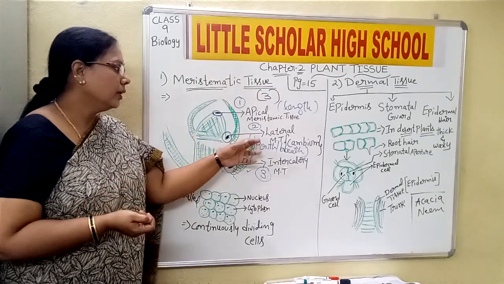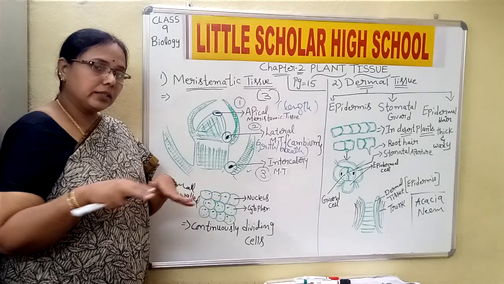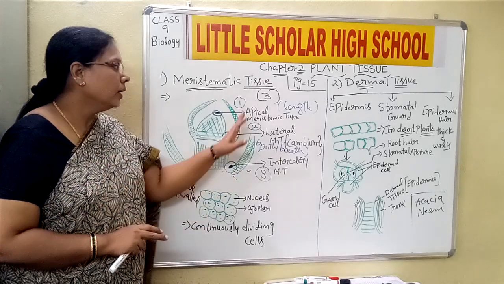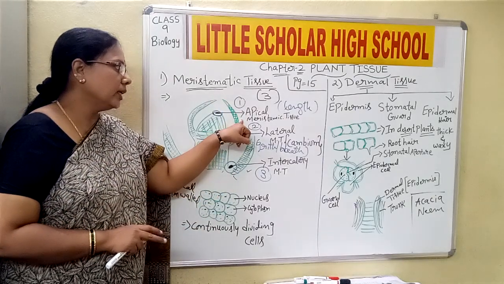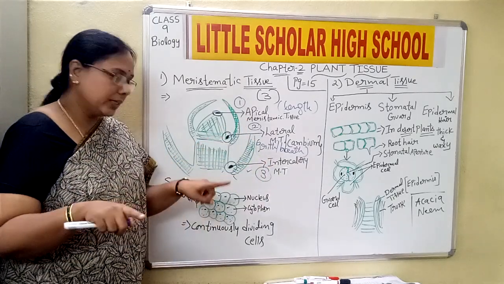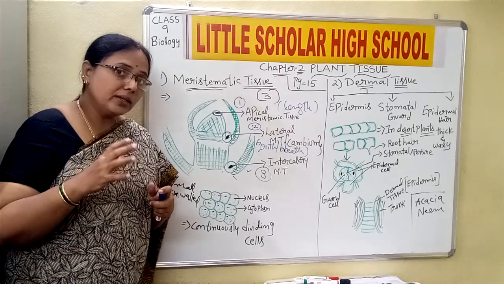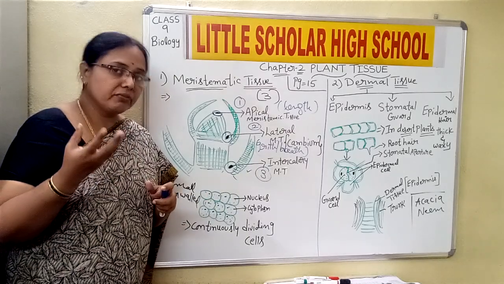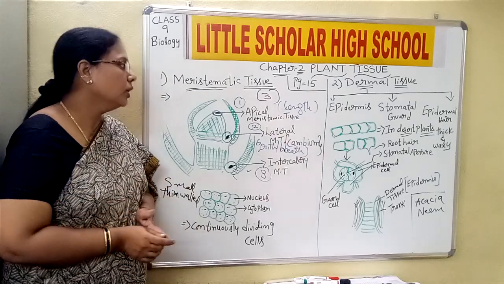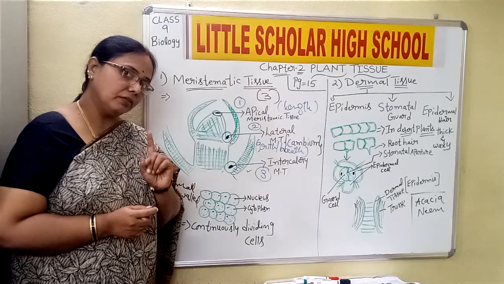Apical means tip, lateral means sides, intercalary means in between the cells of the other tissue. So the first helps in the growth of the plant lengthwise, the second breadthwise, and the third gives the points from where the branches or the stalk of a flower or a leaf arise. So this is about the meristematic tissue, the first tissue we have learnt.